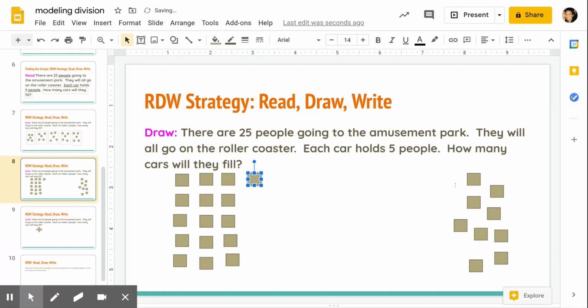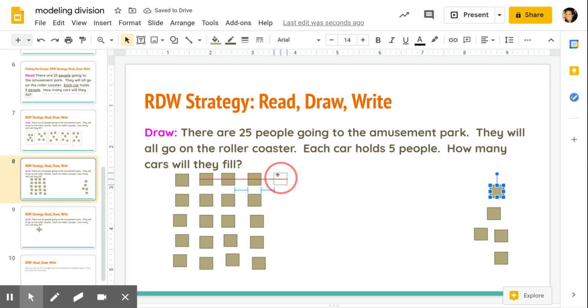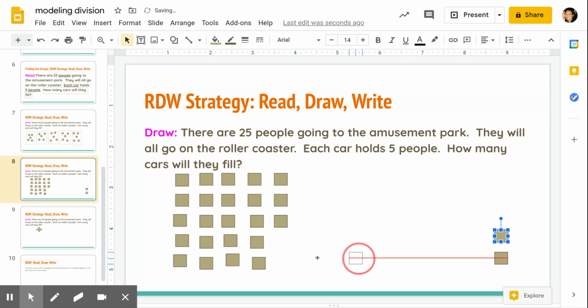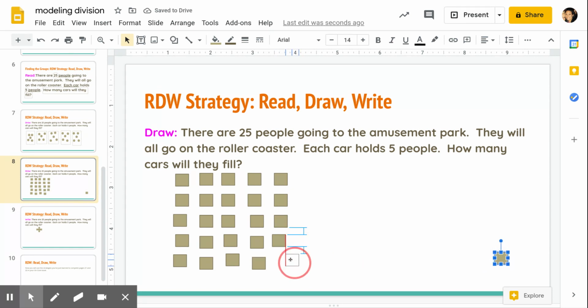And another, 1, 2, 3, 4, 5. And our last column, 1, 2, 3, 4, and 5. So we built our columns.